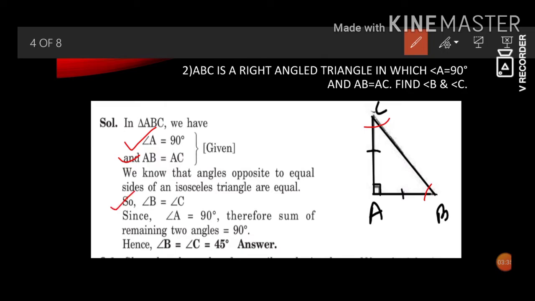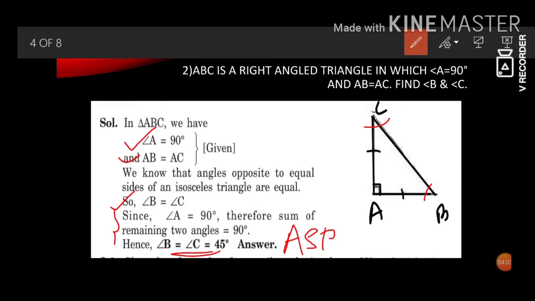Now, since angle A is 90, the sum of the remaining 2 angles will also be 90, from the angle sum property. Since the remaining 2 angles sum to 90 and they are equal, angle B and angle C are 45 degrees each. We can find this answer by the angle sum property.